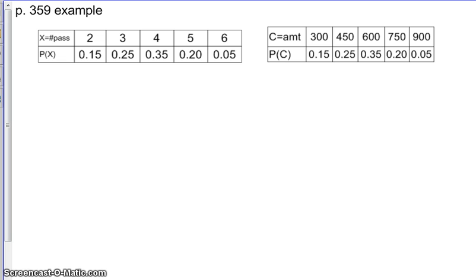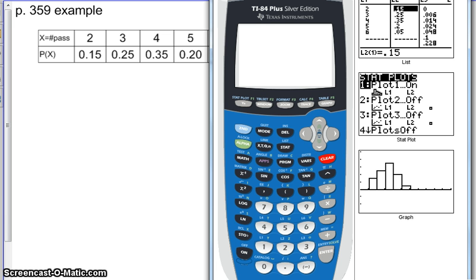So there's an example in the book that talks about this tour company, and they put together a probability distribution where they assume that the number of passengers that they may be able to take is 2 to 6, and the probability of each of those. Okay, so using what we did in the prior section, I can get my data into the calculator.